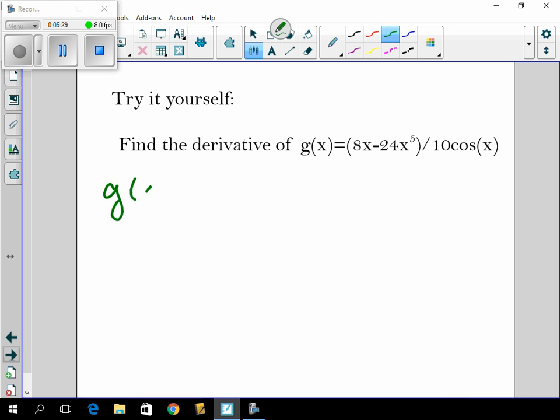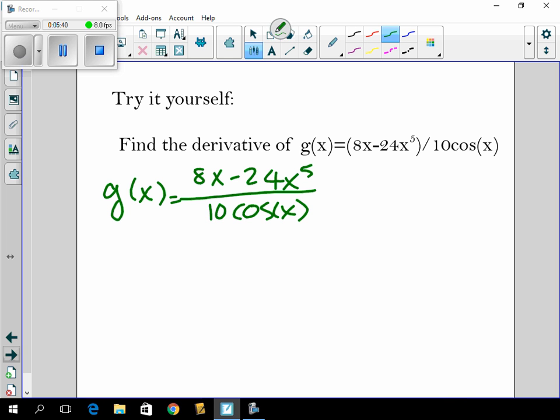So I'm given g of x equals 8x minus 24x to the fifth all over 10 cosine x. And my formula for the quotient rule is the derivative f prime of x equals v u prime minus u v prime all over v squared.